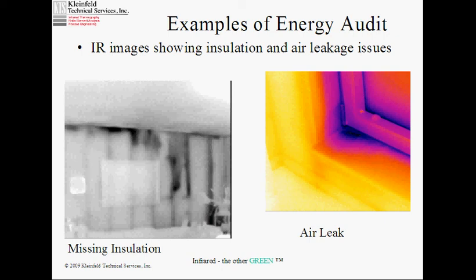Now, the studs over on the right side of that image are much wider and colder. The insulation wasn't brought to the studs the way it should have been. So you've got an issue there of insulation installation. And in the middle, I probably don't have to point that out to you, but I should.